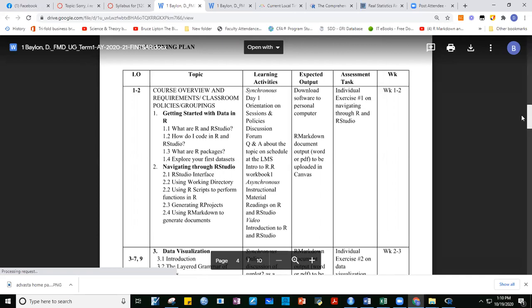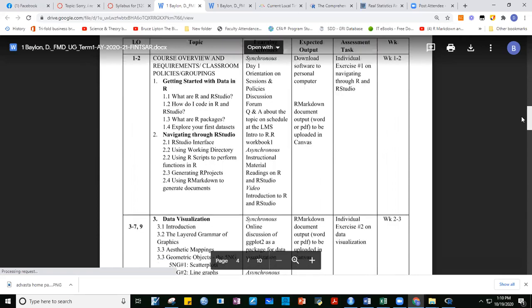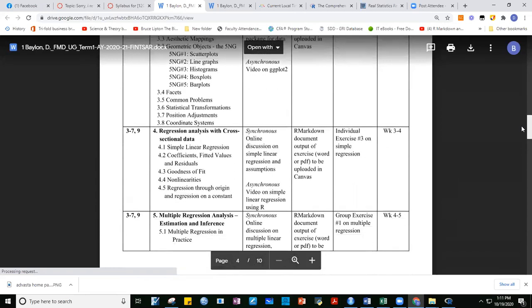Now for this term, we will have a little modification because I am going to request those of you who were in FINTSAR under another teacher to please view some videos. Later on, we're going to discuss that so that we're going to bypass the first 3 weeks and go immediately to weeks 3 and 4, regression.